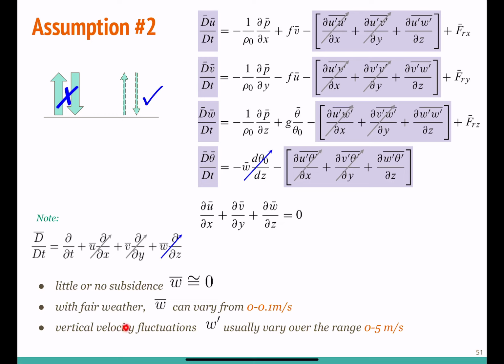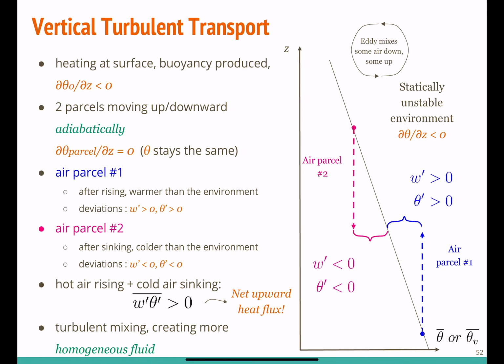The vertical velocity fluctuations, which is the turbulent vertical motion, usually change over 0 to 5 meter per second. So this is even larger than the average value. That's why we assume that the average vertical motions are very weak. Then we can cross out this term too, and then these. So the total change would just be the local change over time.